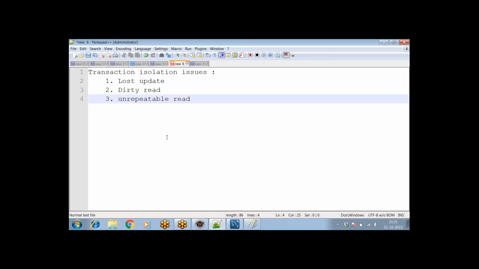I'll give you an example for this. For suppose you might have done this. Let's say you did some online shopping and you're trying to make the payment through your account.